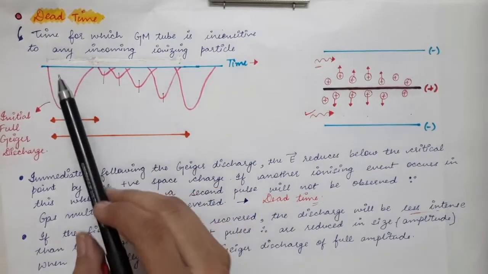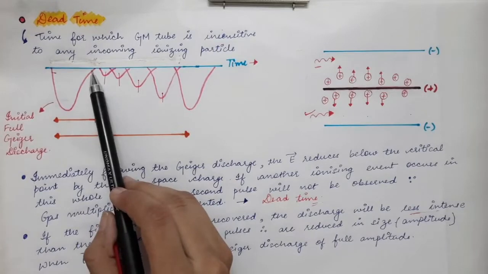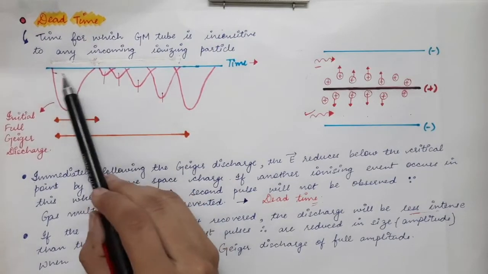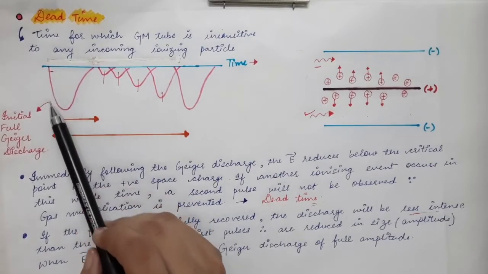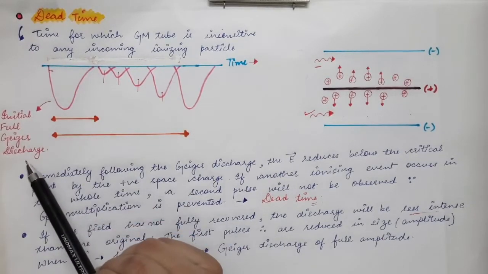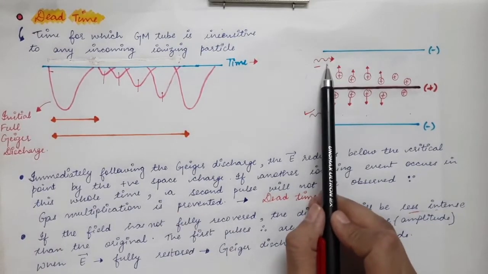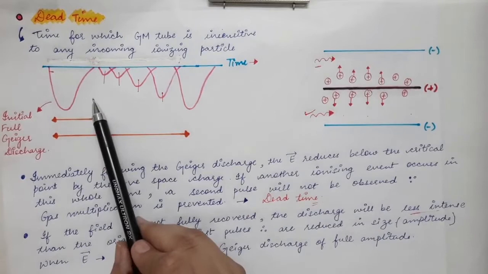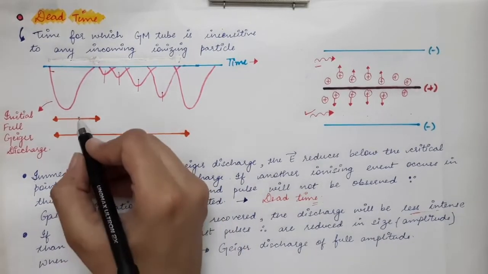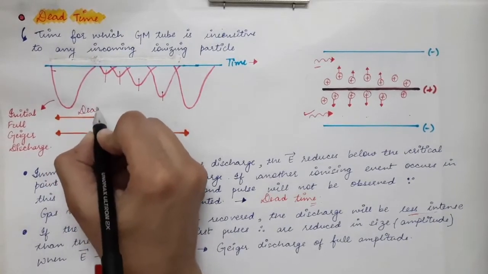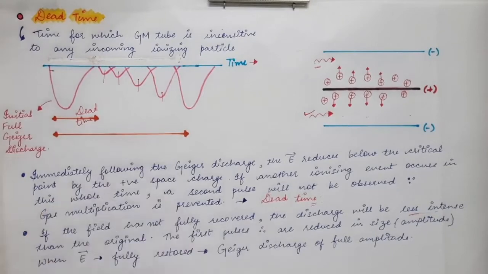If any particle enters in this time period, that particle will not be detected, because we are having the first Geiger discharge, which is due to the first ionizing particle. So if another particle enters in this time period, it will be undetected, and this time is called dead time.